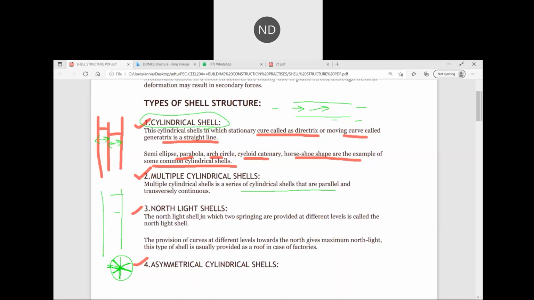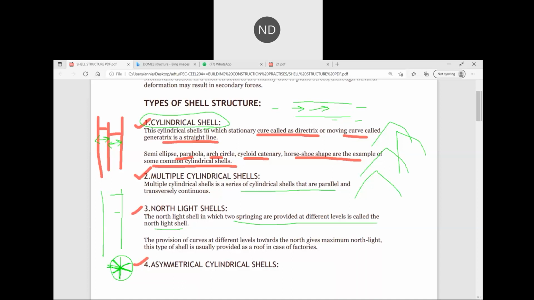Now, north light shells. What is a north light shell? The north light shell is one in which two spring rings are provided at different levels. These kinds of structures you may have seen, facing towards the north side for lighting purposes.